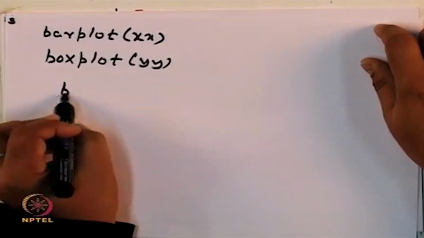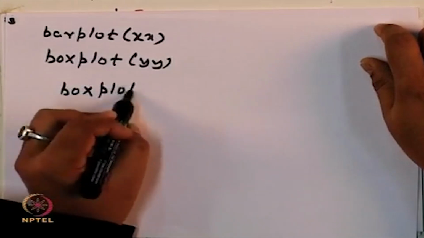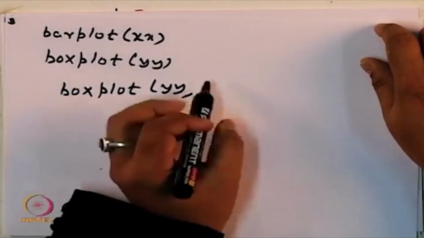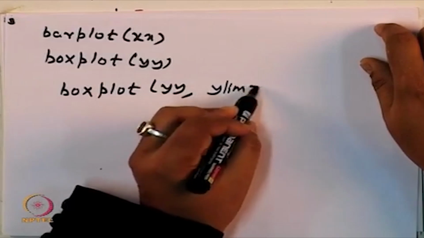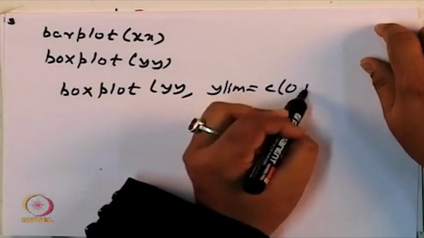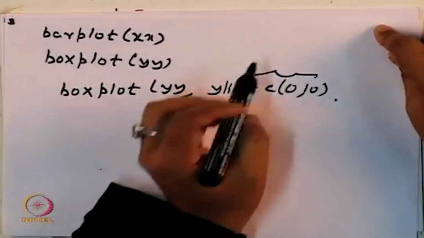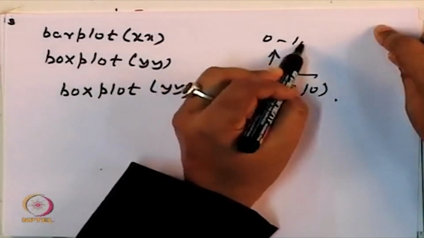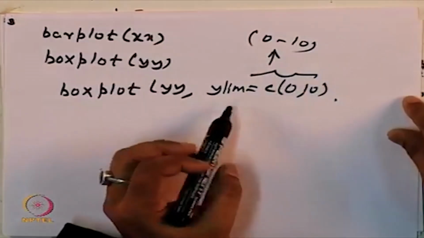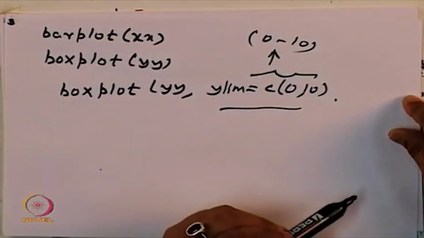Let us say I could have written box plot yy and then I could have written ylim is equal to c of 0 to 10. So this would have set the y axis range. This is the y axis range from 0 to 10.